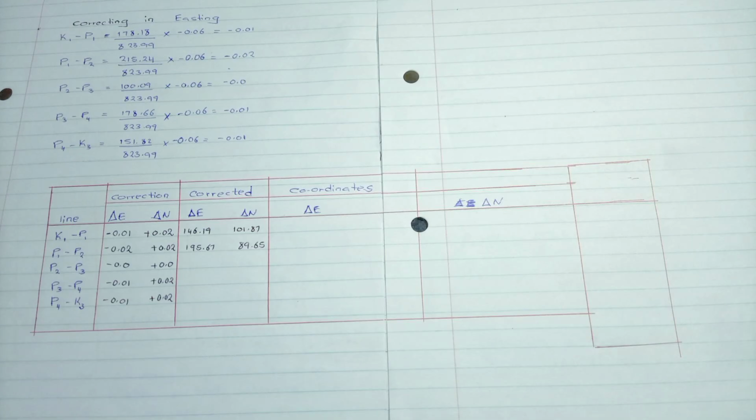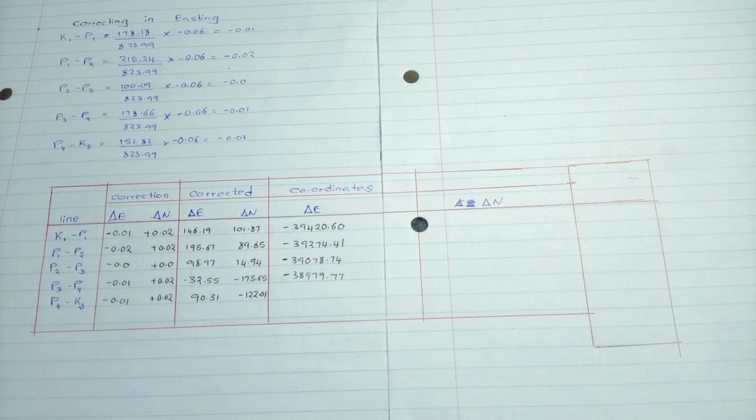Then we will put the corrected coordinates for the northing and the eastings. So as you can see there, we are using our previous table. Then we'll add the corrected value for the northing and for the easting. So we are going to start from the given coordinates.